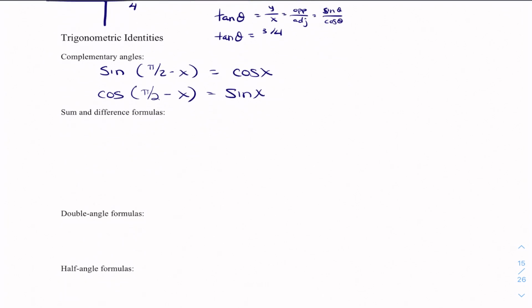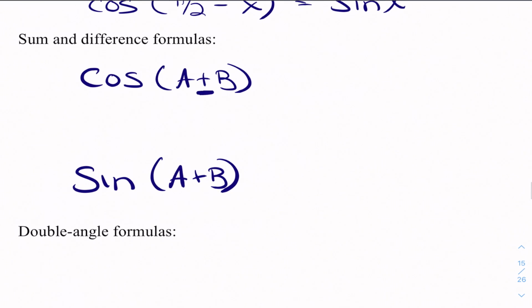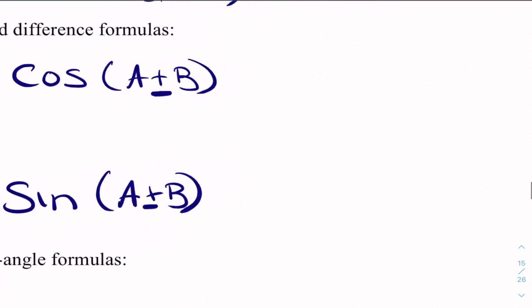Sometimes we have to separate out trigonometric functions because there is addition on the inside. So we call these the sum and difference formulas. The way I remember this, and I write this plus or minus and plus or minus on the inside, so I don't have to write the formula 4 times.